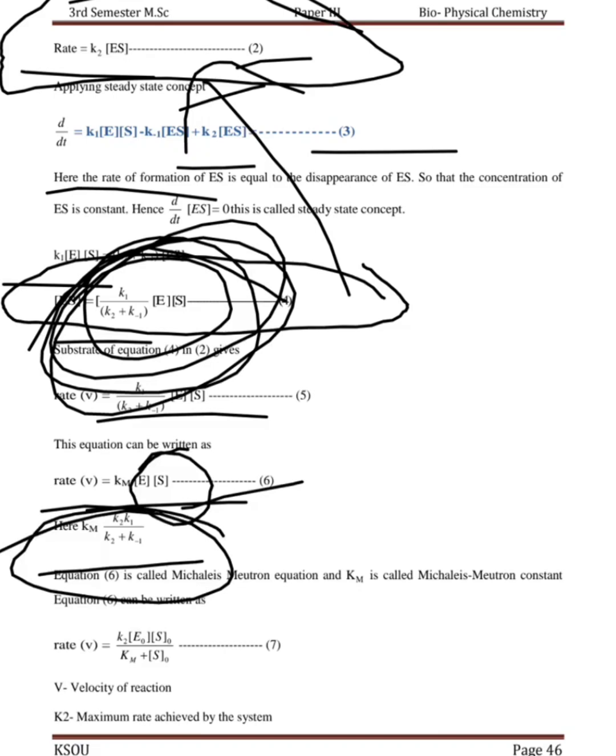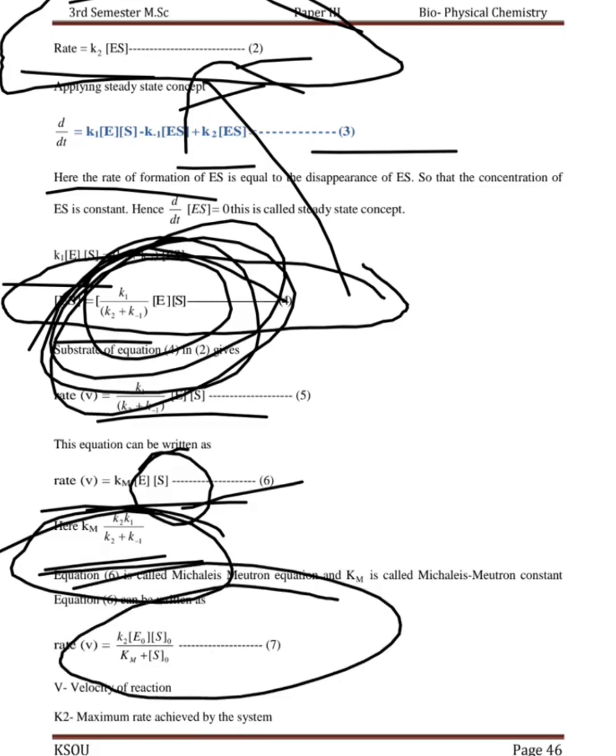So that is for the enzyme substrate value that we are going to insert, and we are going to calculate the rate of the total reaction: K2 into E naught S naught by Km plus S naught. So that is equation 7.